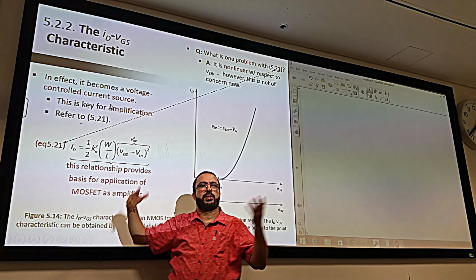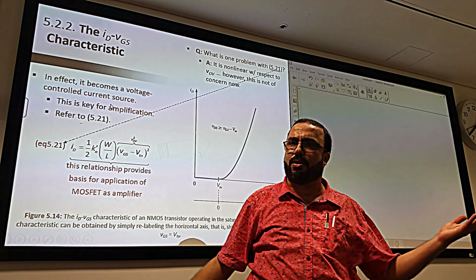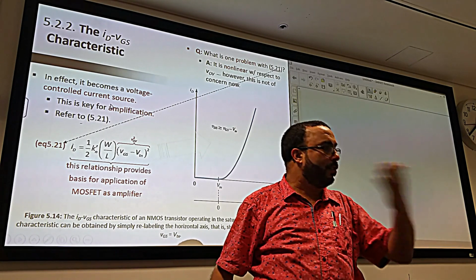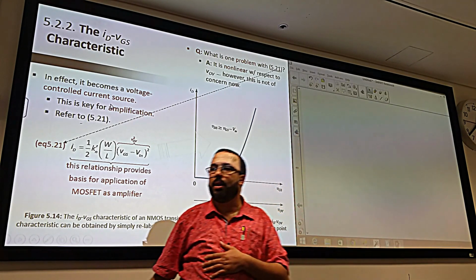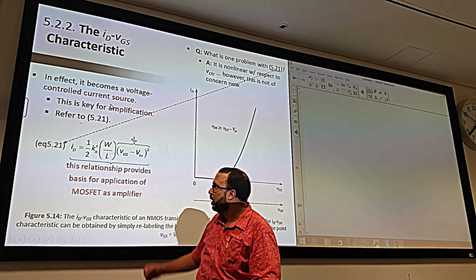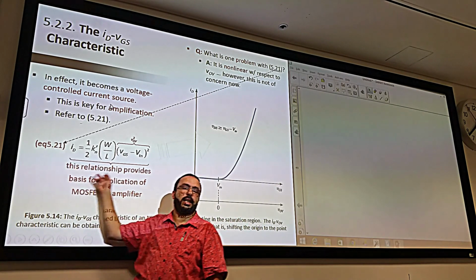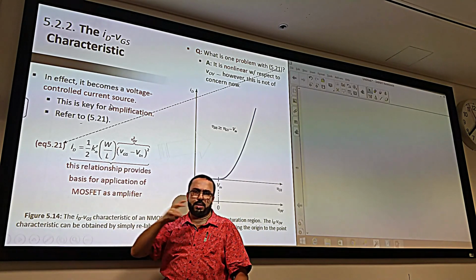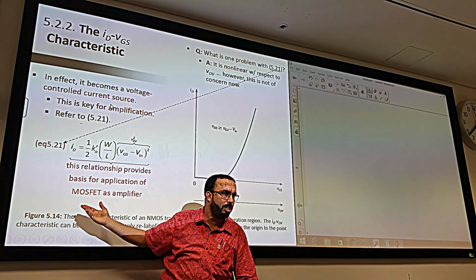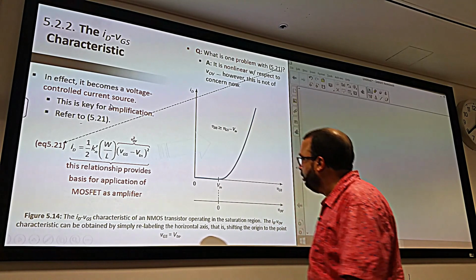But the V overdrive comes from where? From VGS, because VGS is the control voltage. V overdrive is not the control voltage. It comes after the control voltage, which is VGS. So this is our input voltage that is controlling this current. This is the equation of the voltage controlled current source, meaning the MOSFET in saturation. Clear?